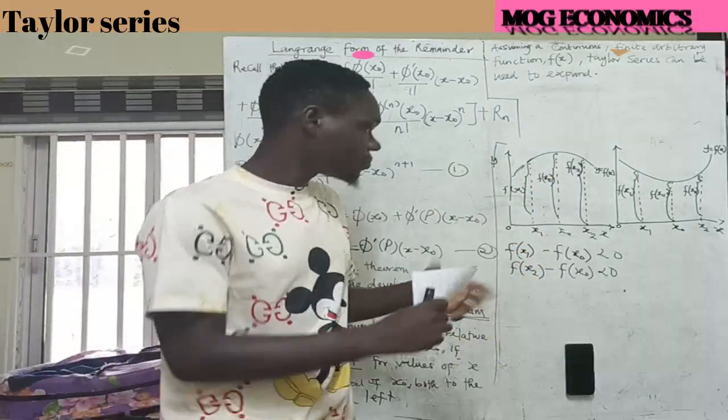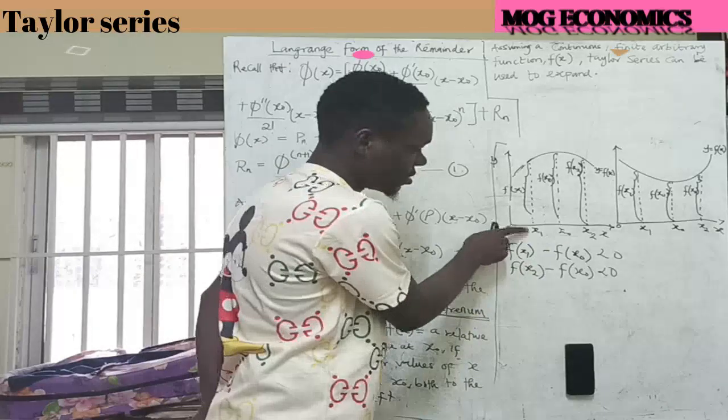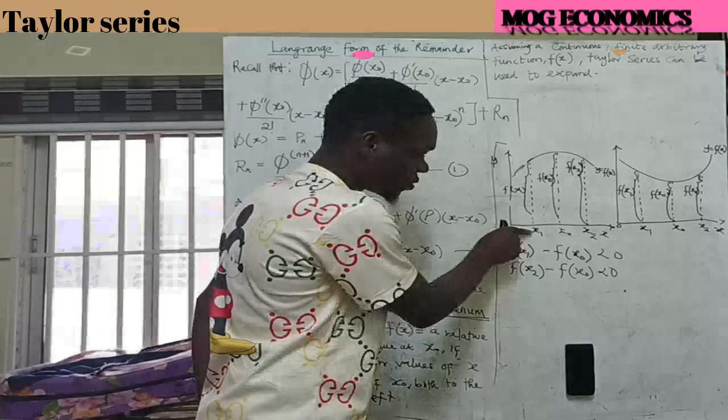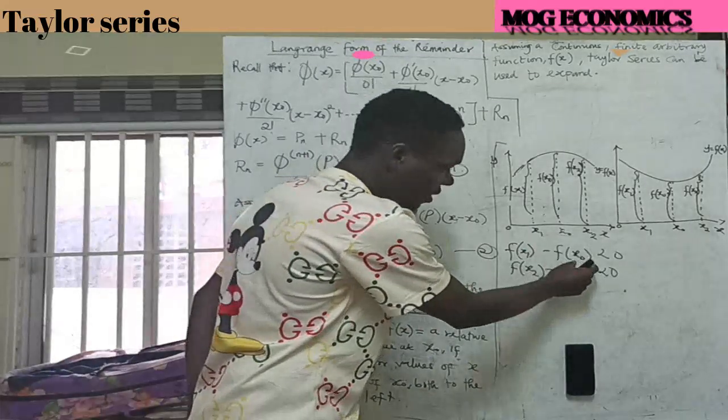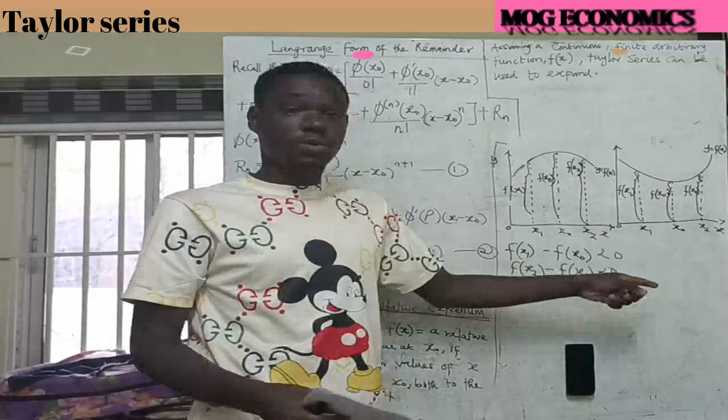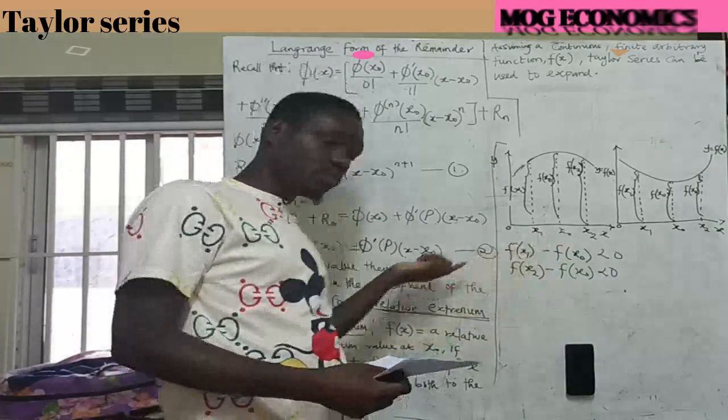Now looking at this, if you move to the left, if the chosen value, our s value, is x1, and here we have s naught, we take the difference. Notice that this is less than 0, meaning it is negative, the difference moving to the left.